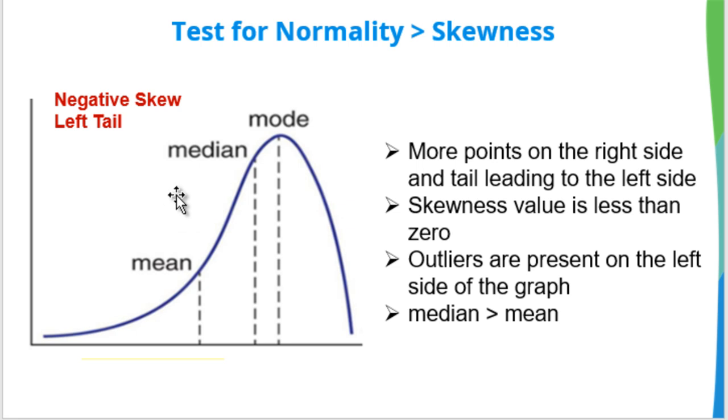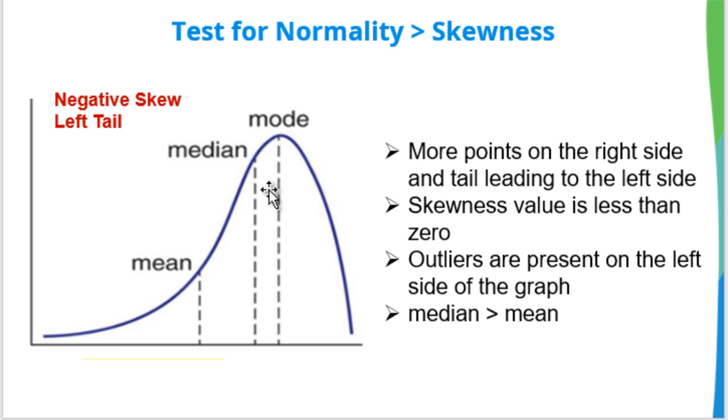In the left skew data, you can see the structure here: mode, median, mean. In fact, mean and median are very important because they are the usual measures that we use. It means more points on the right side and a tail leading to the left side.